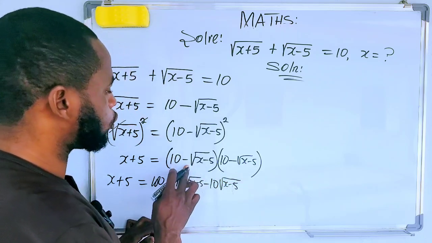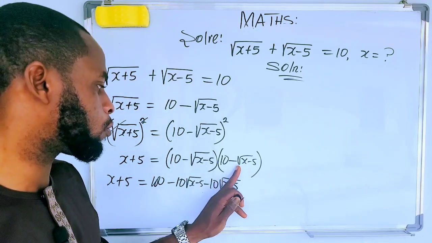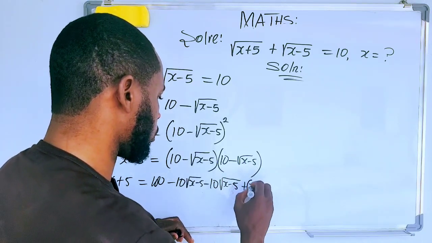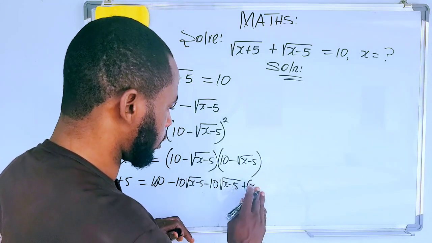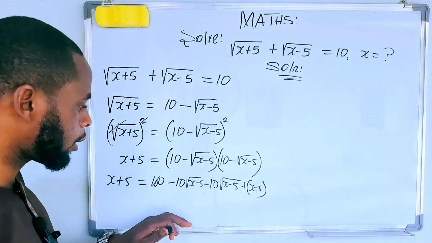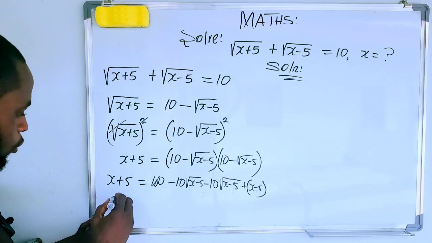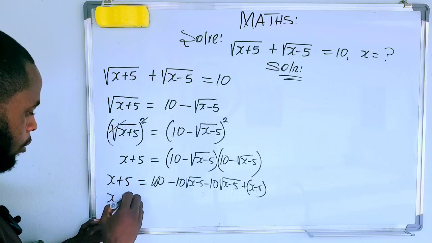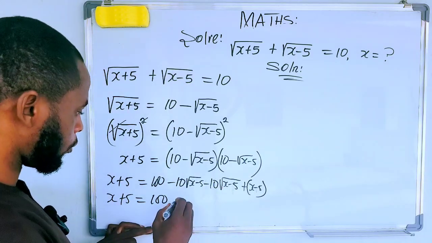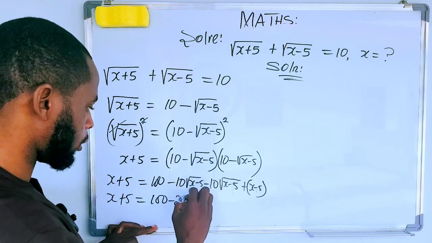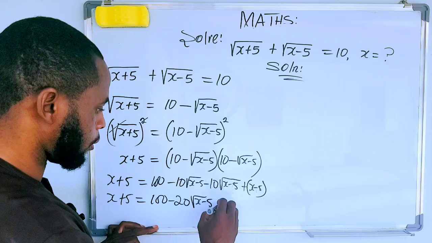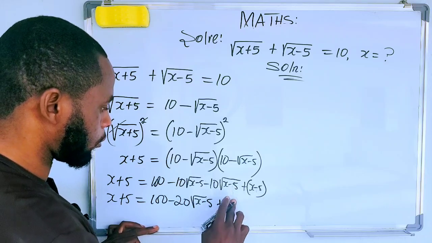Then minus square root of x minus 5 times minus square root of x minus 5, that will give us plus x minus 5. If we simplify this further, we are going to have x plus 5 equals 100, minus 20 square root of x minus 5, then x minus 5.